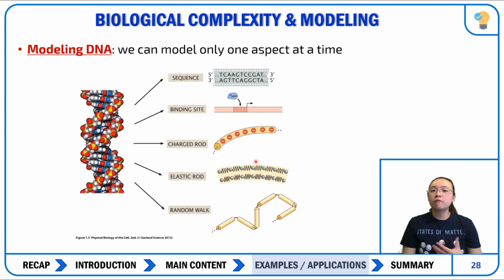Some of the more physical models for DNA include modeling it as a charged rod, because it's so negatively charged. You can actually model it as one rod of negativity. You can also model it as an elastic rod because it does stretch and it does compress. And of course, you can model it as a random walk chain, so that's something we'll be looking at as well.